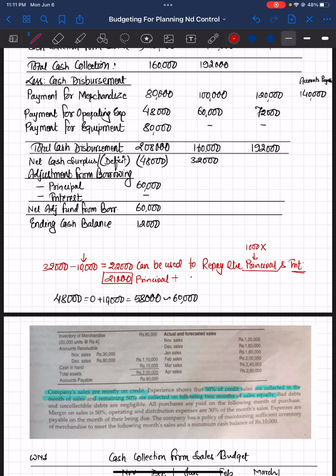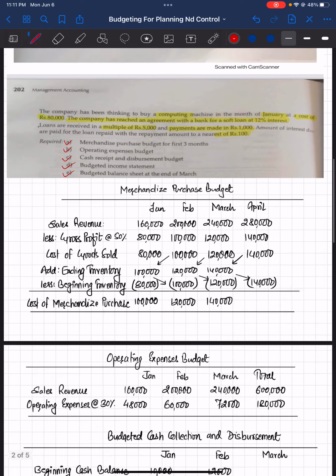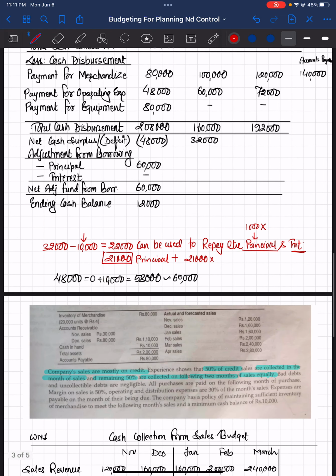So let's see how much of the interest that would result if you're paying 21,000 with the interest of 12% for 2 months, because you're borrowing towards the beginning of the month and repaying at the end of the month. That's going to be 420. As we can say, if we pay 21,000 principal, the amount of the interest will be 420.